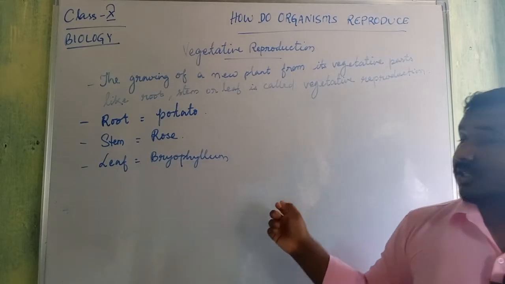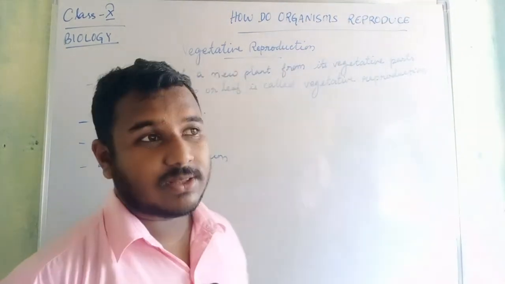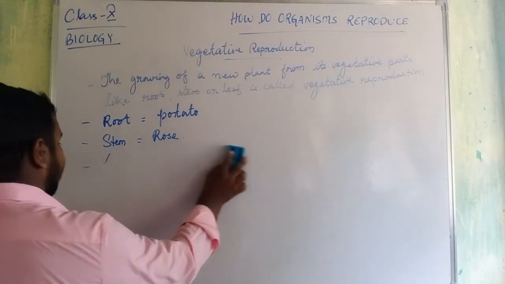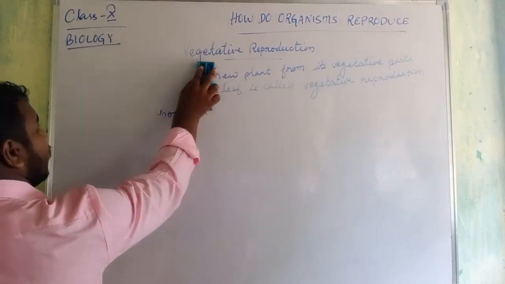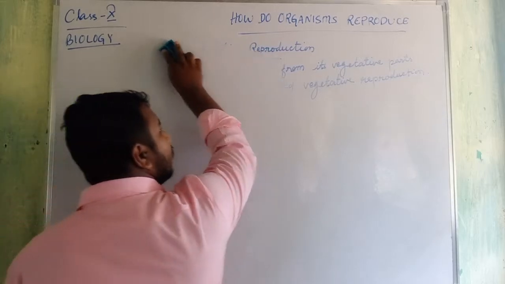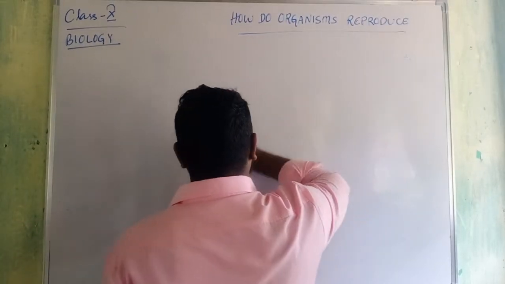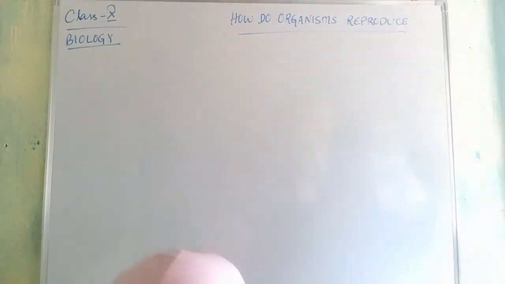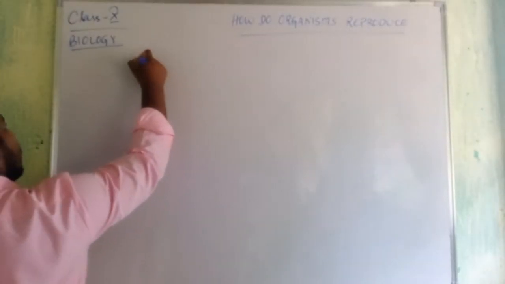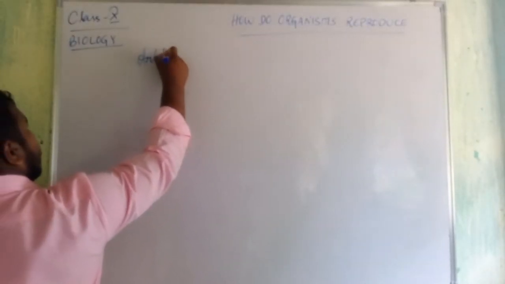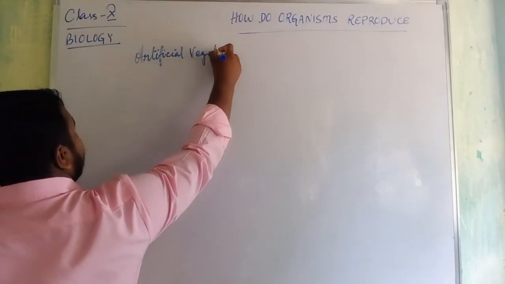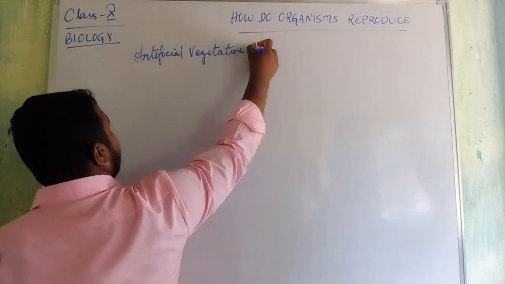Okay, this vegetative reproduction is further classified into 3 types. Okay, which we call artificial vegetative reproduction, and you write here artificial vegetative reproduction.